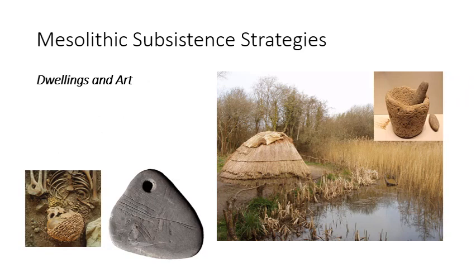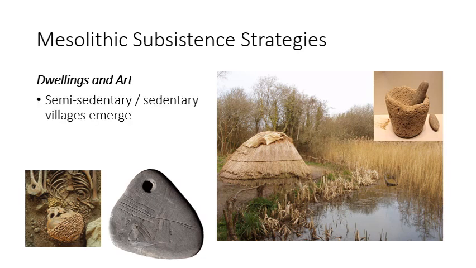As for the dwellings and art that we see during the Mesolithic, here we're starting to see, as pointed out, a permanent type of settlement that begins to emerge. So the simpler type of tents or huts that would have been common during the Upper Paleolithic, that's replaced with a more permanent structure. And over time, these structures become more and more complex.